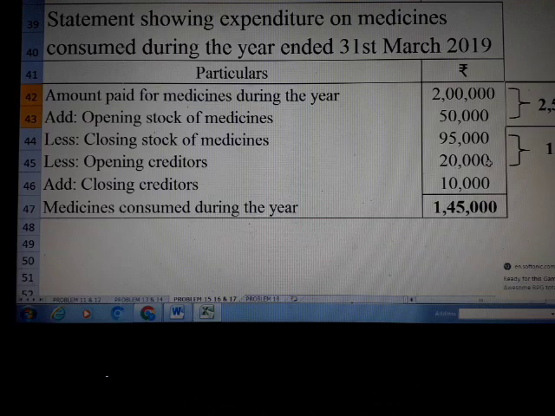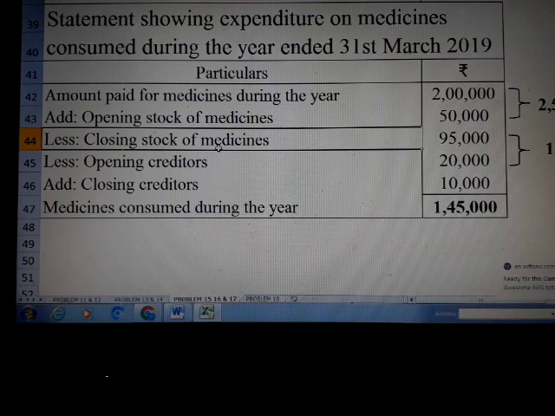Okay. And next you will reduce certain items. What are those items? Closing stock of medicine. So closing stock of medicines needs to be subtracted. It's a quite simple formula: opening stock plus purchases less closing stock, right?